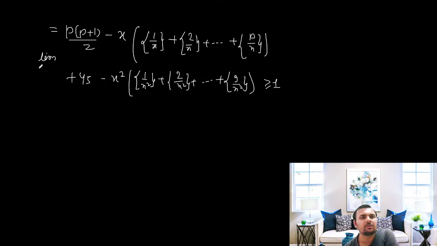So at 0 plus it is infinity, and this is infinity into 0. We have p plus 1 by 2 plus 45.